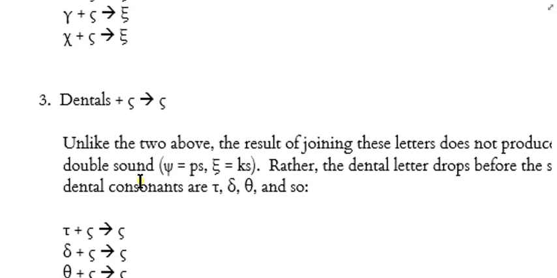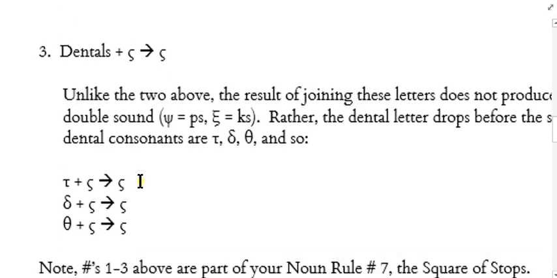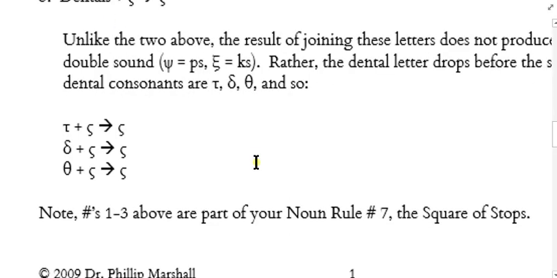T, D, th. Now here, when a dental meets a consonant sigma, the dentals are going to fall out and the sigma will be left alone. Now, if you know dentals refer to teeth, and I like to say that in Greek the teeth like to fall out, okay? When the teeth meet a sigma, the teeth fall out. So, tau sigma becomes just sigma, then delta sigma becomes sigma, theta sigma just becomes a sigma.